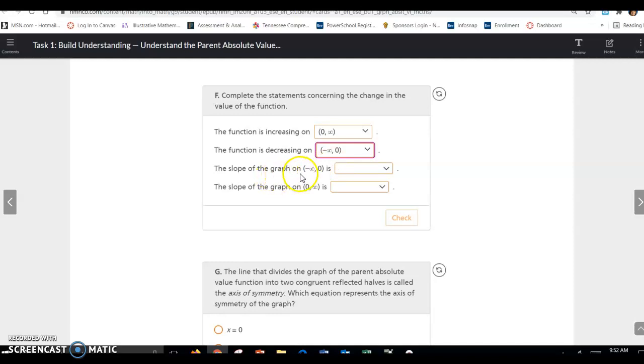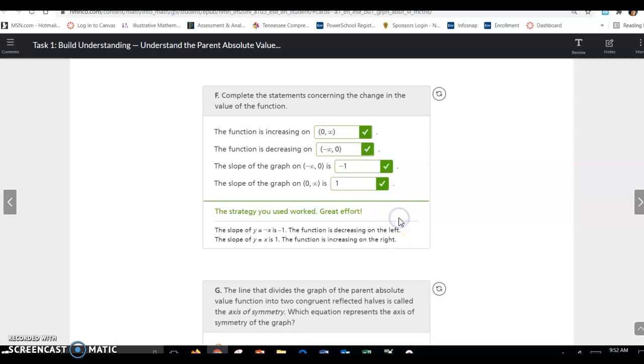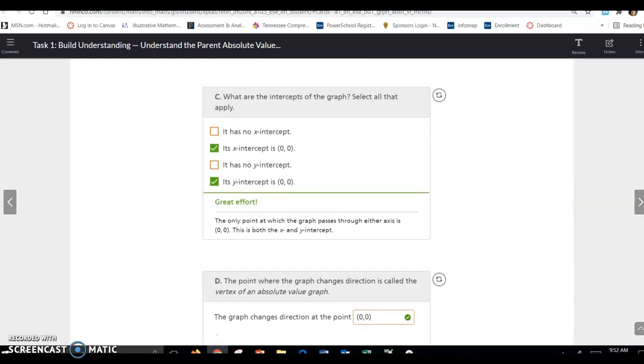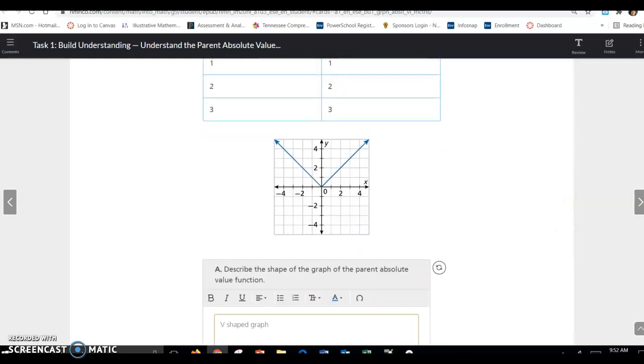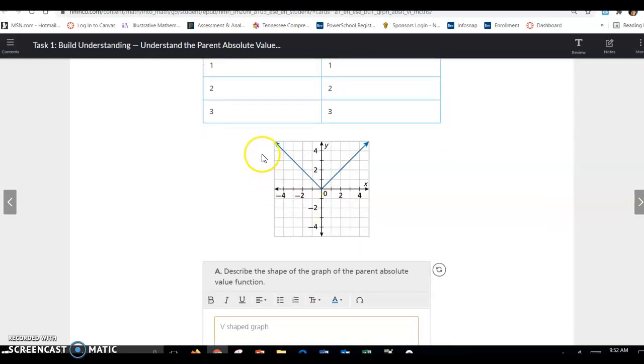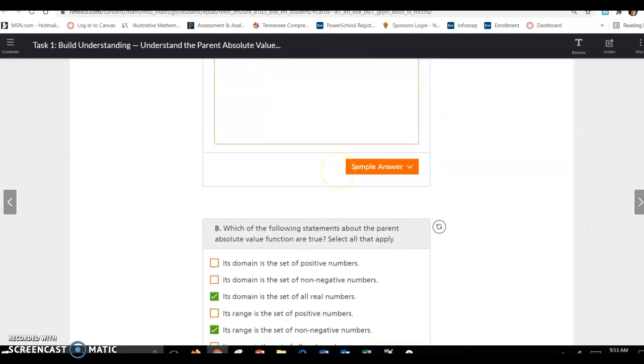The slope of the graph on the left side would be negative 1, and the slope on the positive side would be positive 1. All we're doing is looking at the two pieces of the function. So we're looking at this side, and then this side. This left side has a negative 1 slope, and this side has a positive 1 slope. You can see rise over run is 1 over 1.